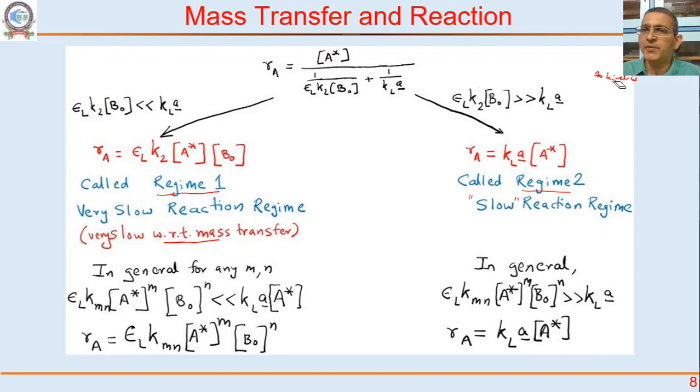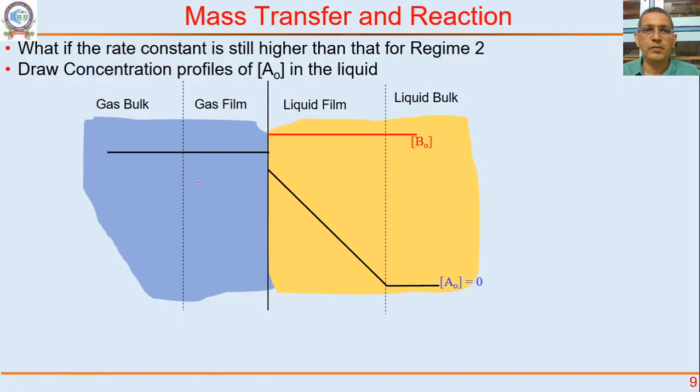The reason I am writing it as very slow is because in the textbooks it is written that way. But we should call this completely kinetically controlled. Kinetics is rate determining. This is mass transfer control. All right, let's go forward.